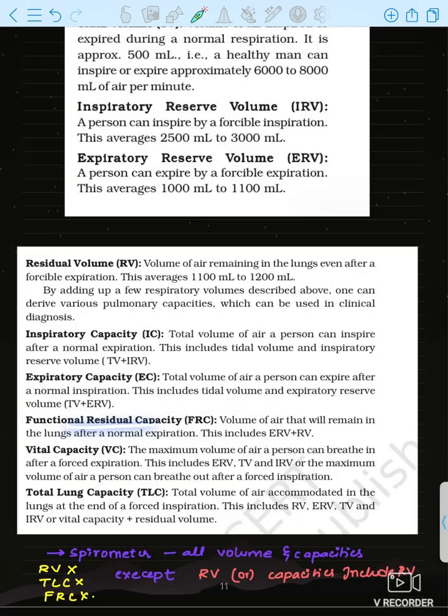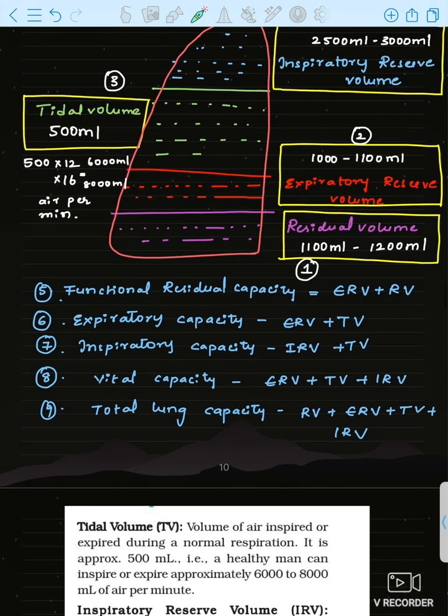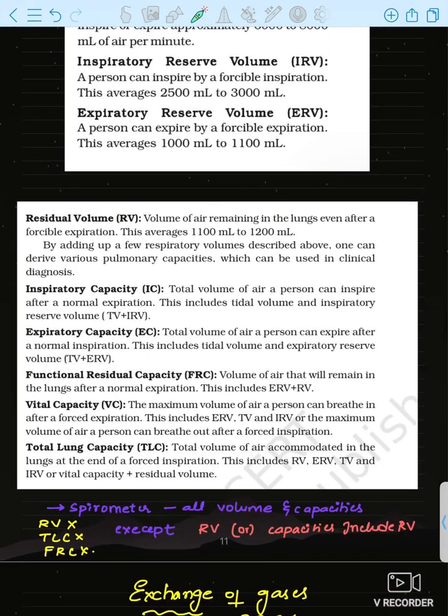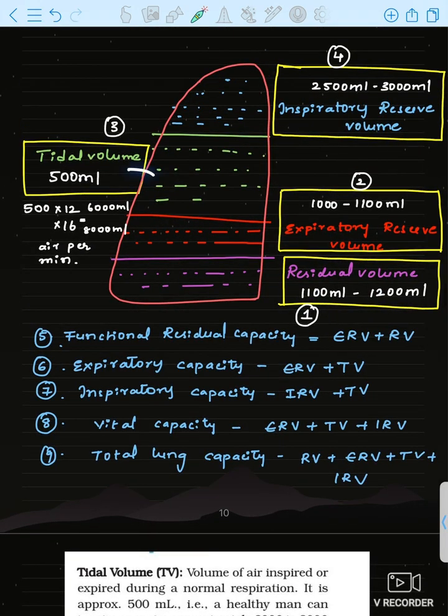Next one is functional residual capacity. I told, normally this residual volume will be there and expiratory reserve volume also will be there until and unless forceful expiration occurs. See the definition: volume of air that will remain in the lung after normal expiration. Normal inspiration, normal expiration is done.